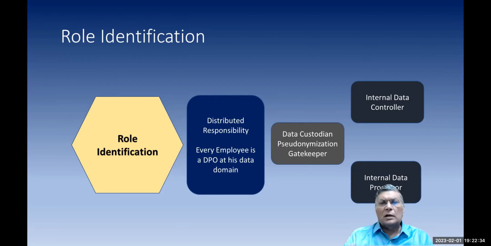Now people are talking of AI and other things. Even the people who are closest to the process may not know how the AI is functioning. So how will the DPO sitting somewhere else take the responsibility for the actions of all his people and say that he will be committed to answer the data protection authority?